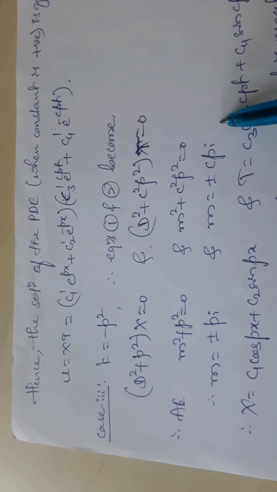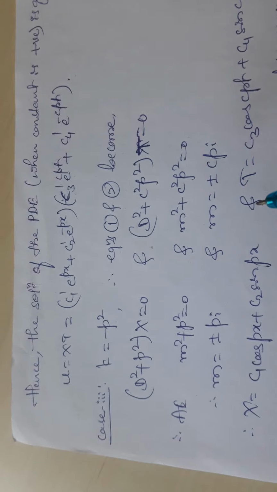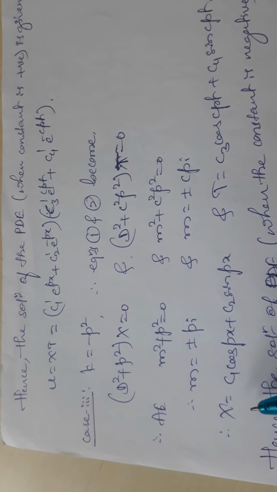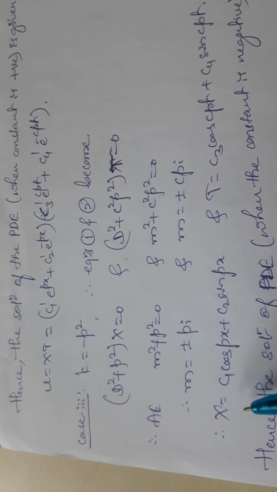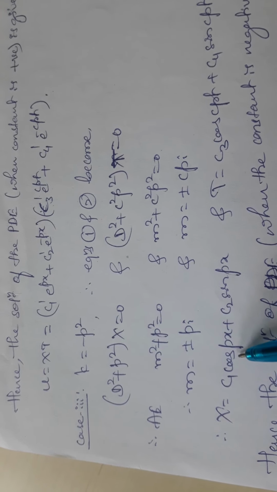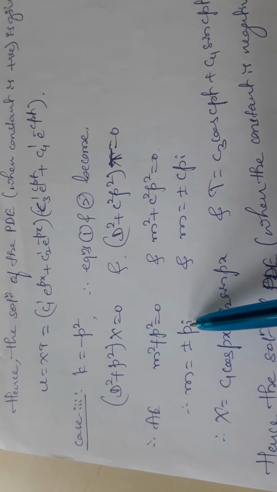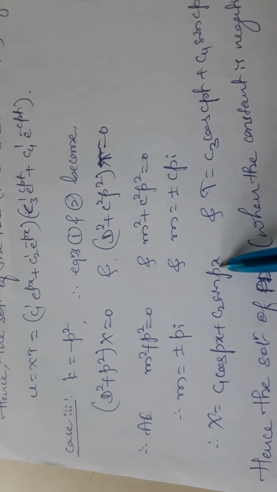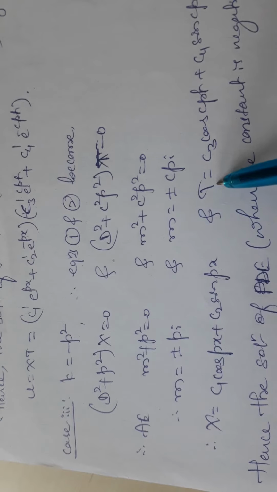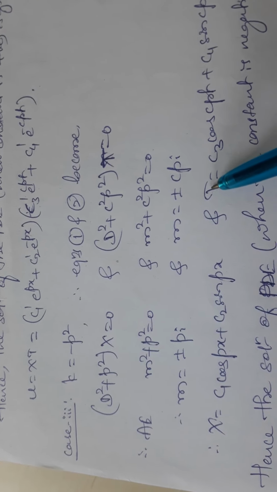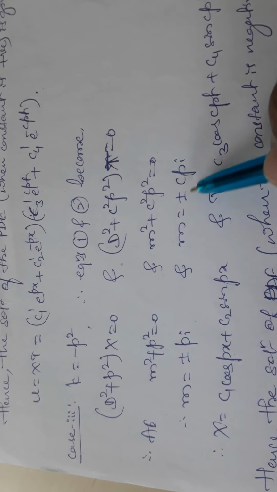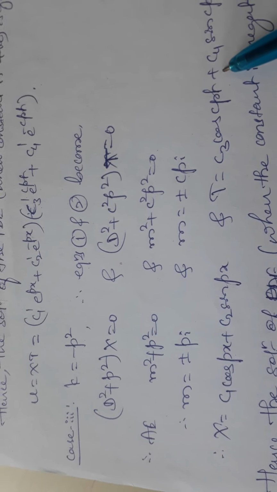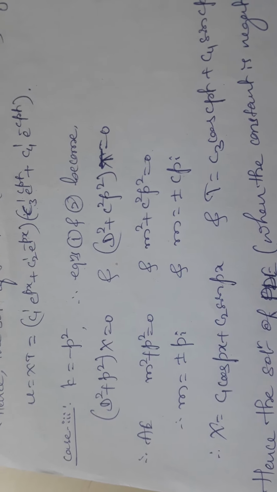If we have purely imaginary roots, the solution is directly in terms of cos and sin. Therefore from the first equation the solution in terms of x is x equal to c1 cos px plus c2 sin px, and from the second equation in terms of t, t equal to c3 cos cpt plus c4 sin cpt.